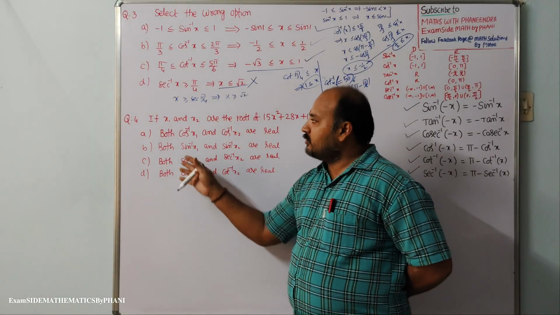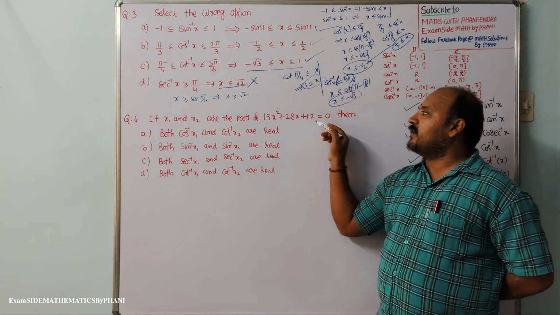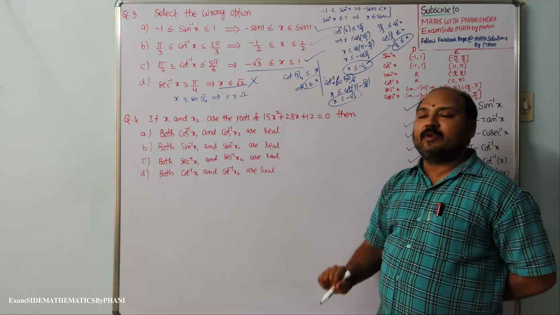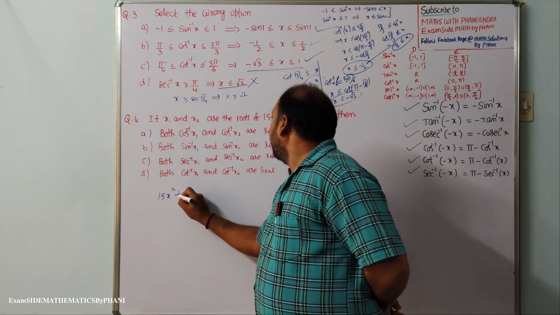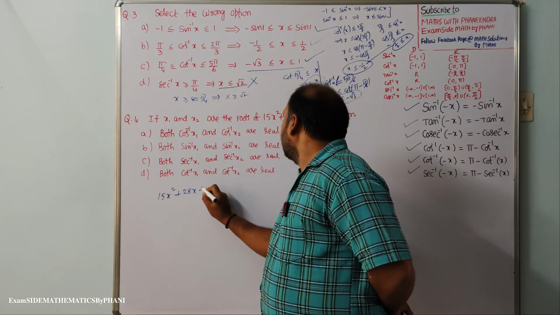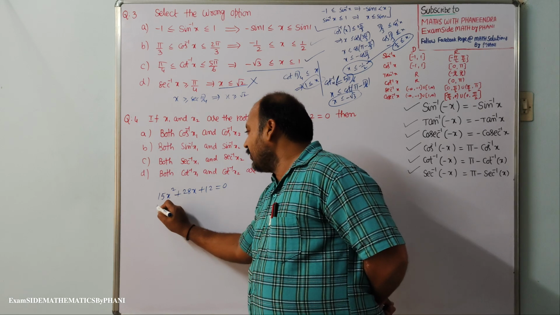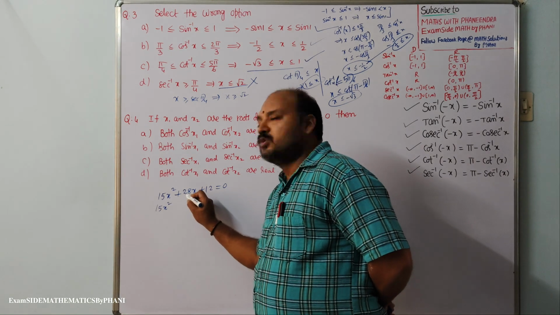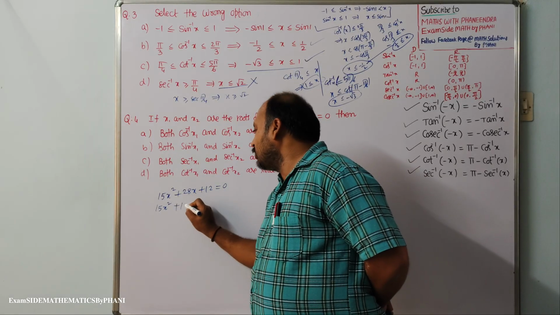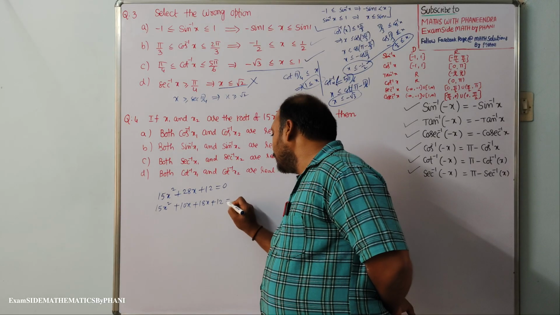Now if we come to the next question. If x1 and x2 are the roots of 15x square plus 28x plus 12 equal to 0. See, 15x square plus 28x plus 12 equal to 0. Factorization we will do. 15 into 12 is 180, so 10 into 18. So 15x square plus 10x plus 18x plus 12 equal to 0.